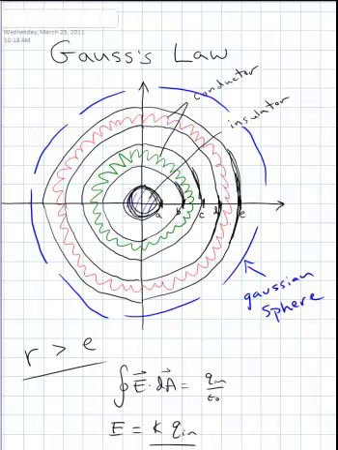It was -1 microcoulomb, which is equal to the net charge of this entire distribution. So when you're standing out here on the blue Gaussian surface looking in, you really can't see past the conductor. All you see is the surface of the conductor. But the surface of the conductor has the same charge as the net charge of this whole array. I hope that makes sense. Think about it a little bit.